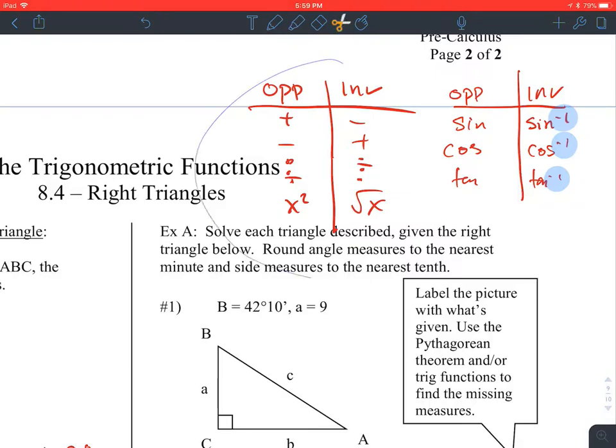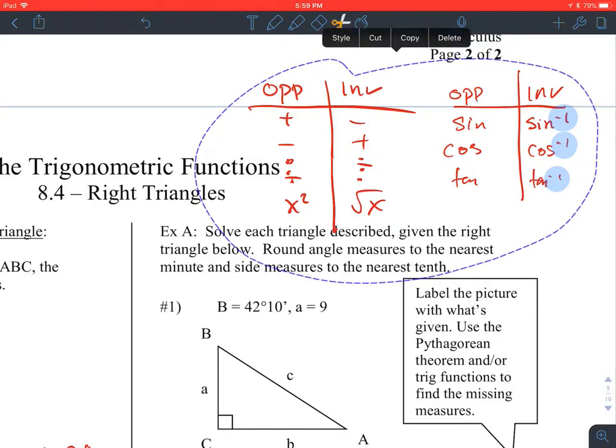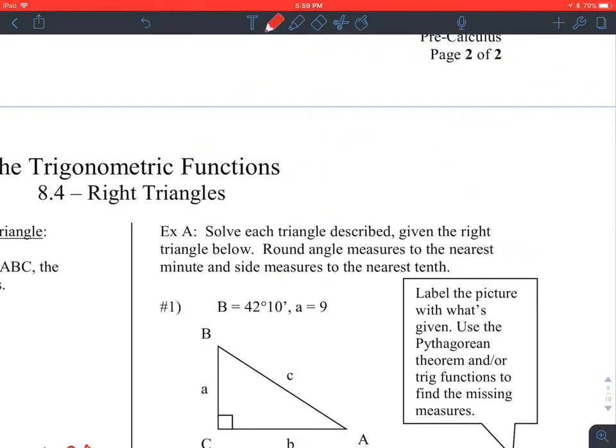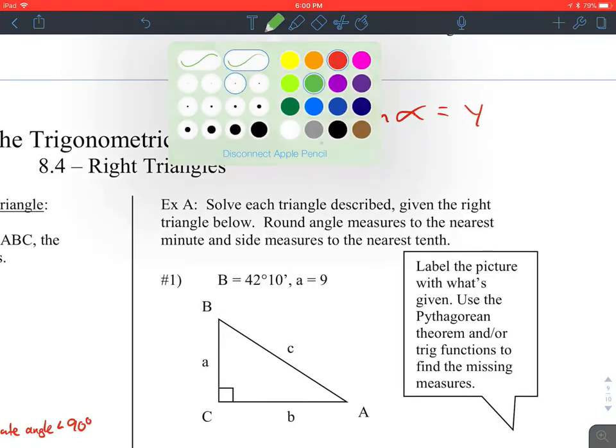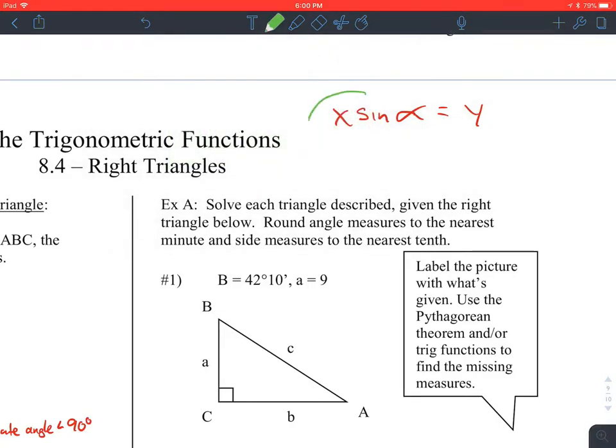So one more thing I got to go over, and that is, let's say we have x sine of alpha equals y. Couple questions. What mathematical operation connects the x and the sine?